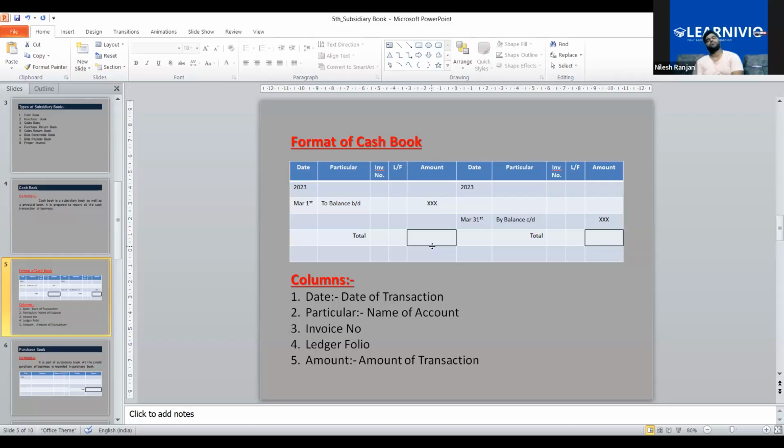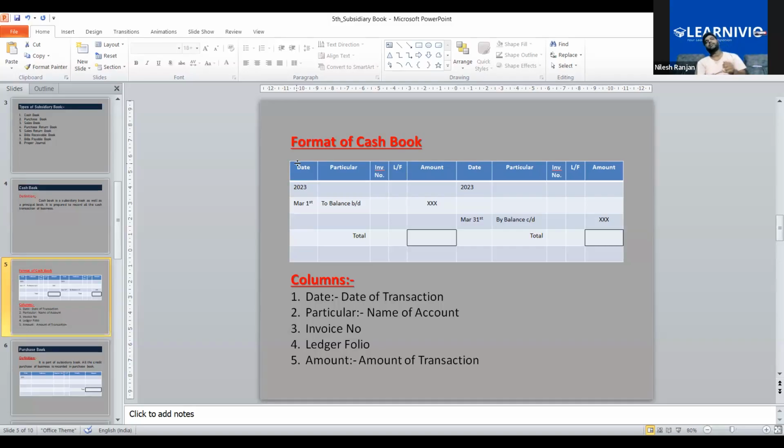Okay, finished. So date is the same thing, the transaction date we have to write here. In particulars, the transaction and amount. Only the invoice number I left. Invoice number is a new one.